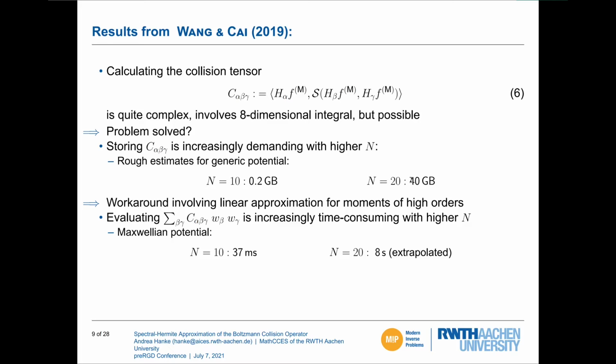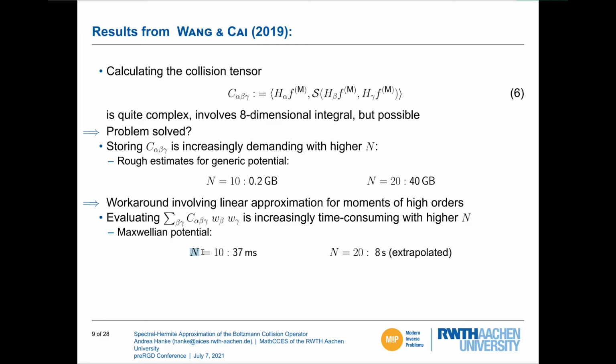They knew that, and they developed a relatively clever workaround involving linear approximation for moments of higher orders. However, they still found that evaluating this tensor-vector-vector product is increasingly time-consuming, even with their workaround.